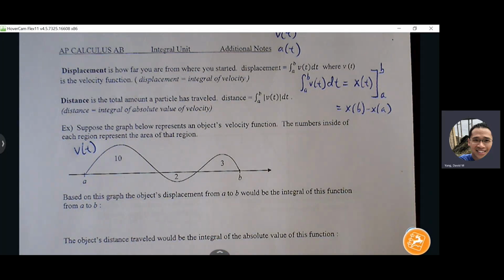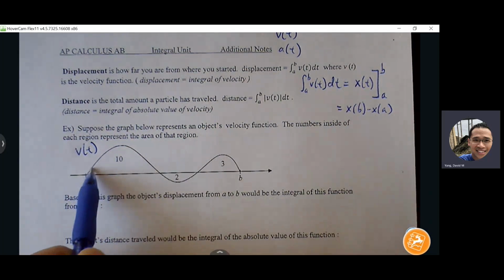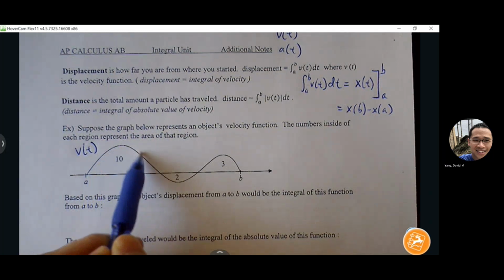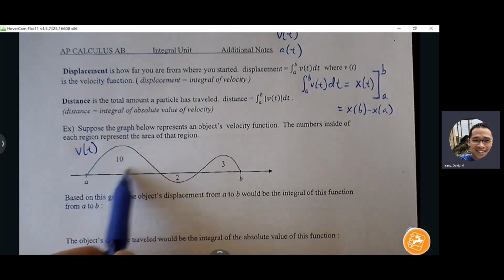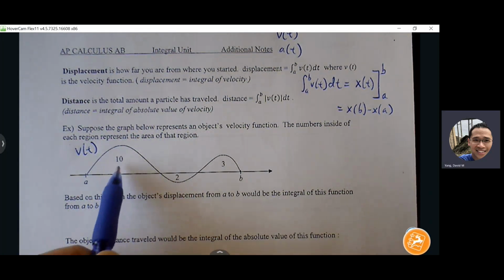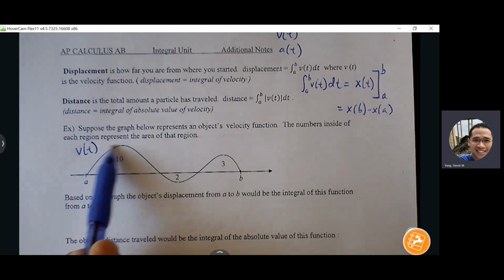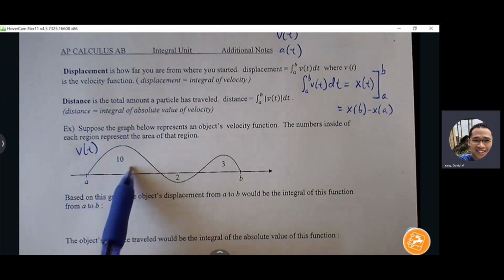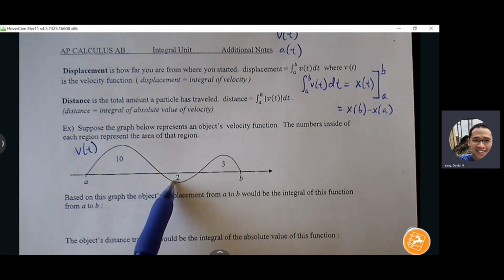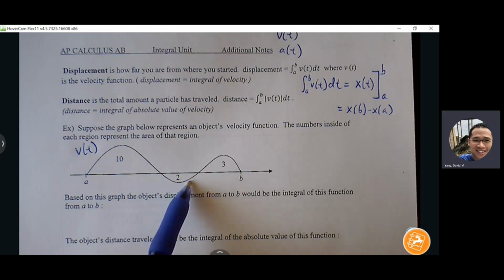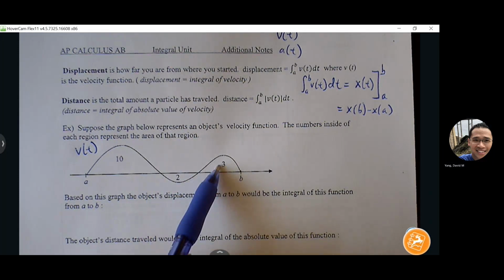So if I were to accumulate all the velocities of the object, the area underneath would tell me how far this object has traveled. So if this object is moving along a horizontal line, this 10 would mean that it's moving 10 to the right. What do you think this 2 is going to do? 2 to the left. And then this means 3 to the right.